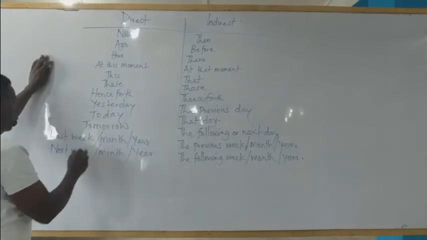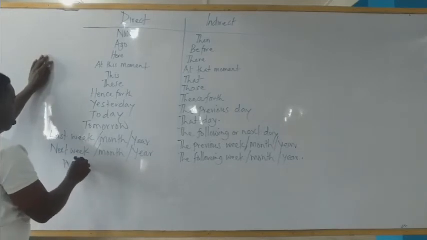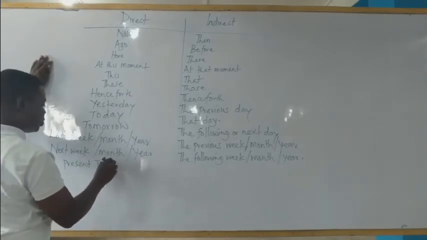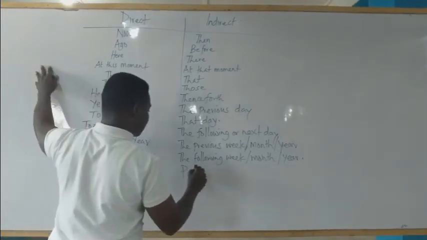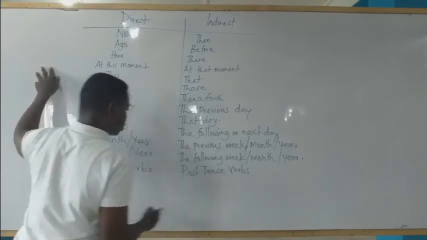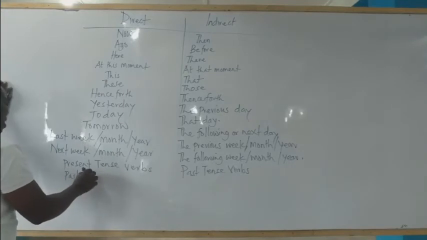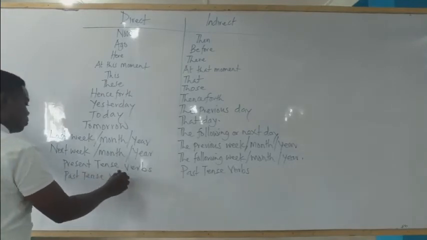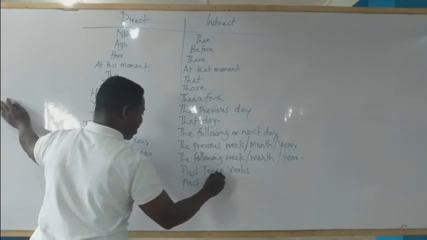Now, in your direct speech, when you have present tense verbs, we change to what? Past tense verbs. Then past tense verbs, we change to what? Past participle verbs.